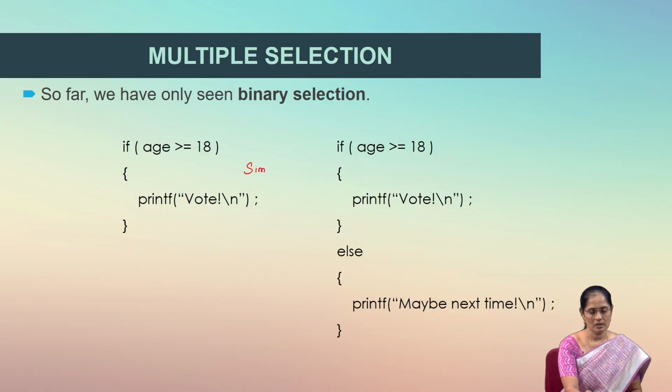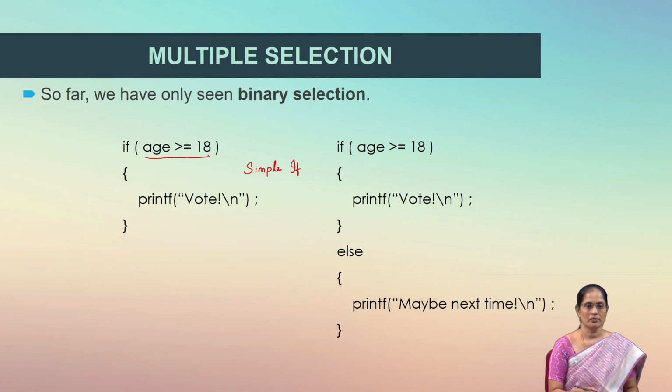What are multiple selection or multiple condition checking statements? So far we have only seen binary selection, in the sense that if the condition becomes true, something is to be done, and if it becomes false, something else is to be done. This is a simple if statement where we check the condition, and if the condition is true, we execute a statement.